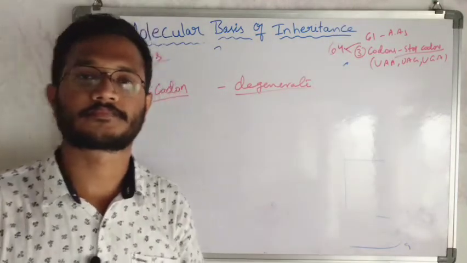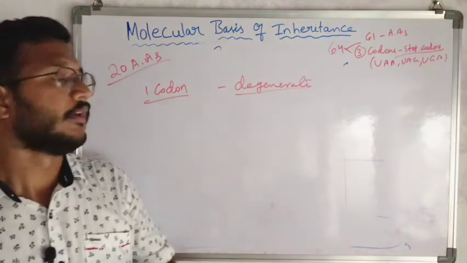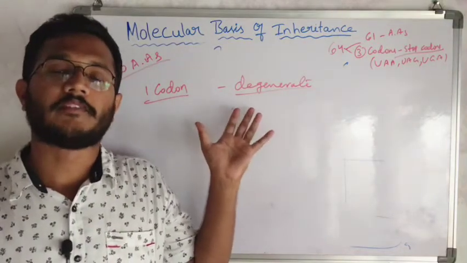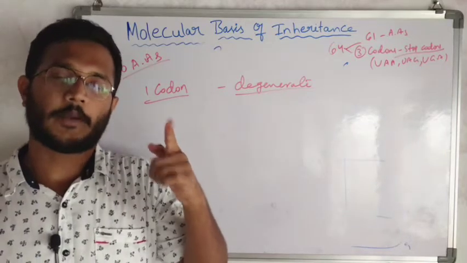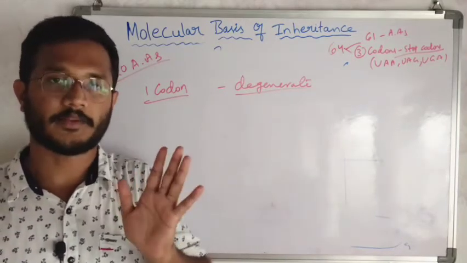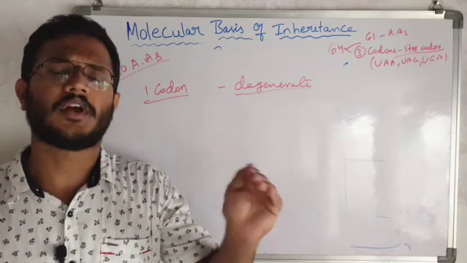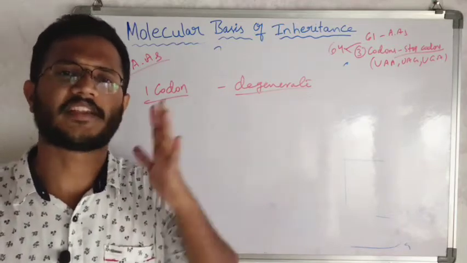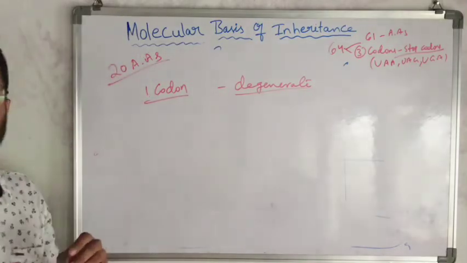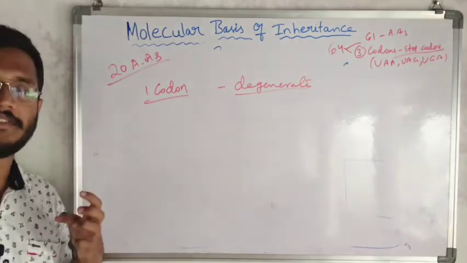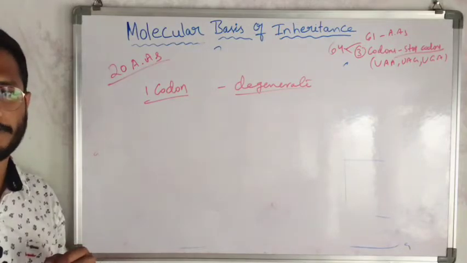That means, for example, one codon will be responsible for the formation of only one type of amino acid, not any other type. So either it will code or it will not code. So that is how one property is assigned for the specificity of the codon.